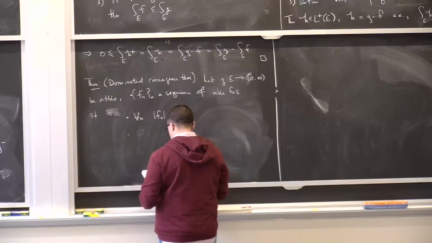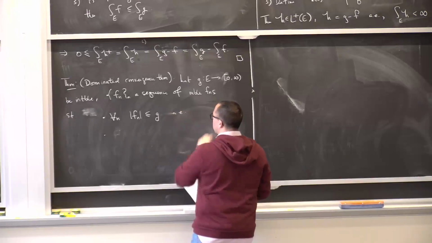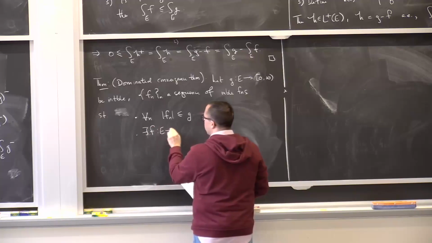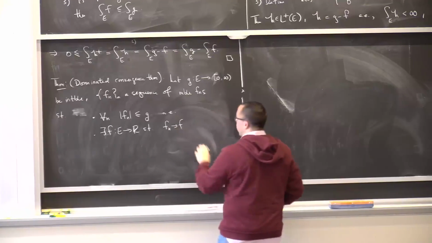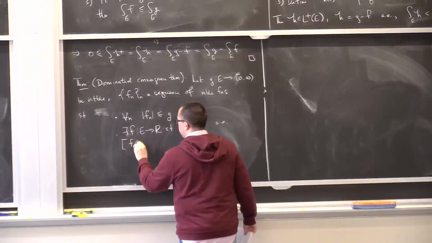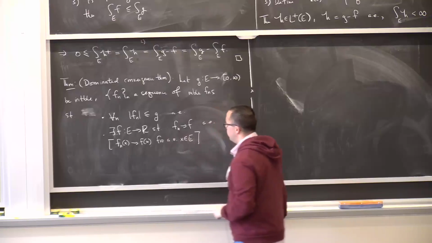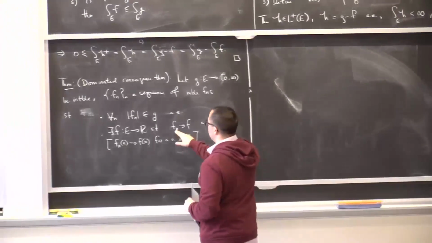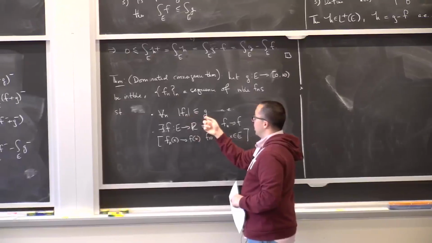And two, there exists an f from E to R such that f_n converges to f pointwise almost everywhere, meaning f_n(x) converges to f(x) for almost every x in E. So the sequence of measurable functions converges pointwise to this function almost everywhere, and they're all dominated by an integrable function.